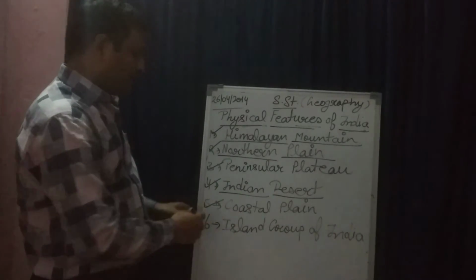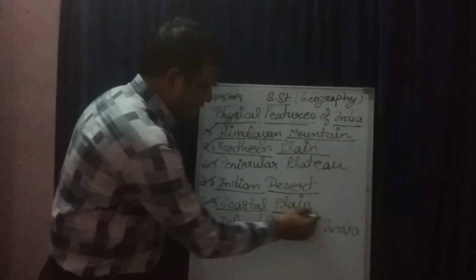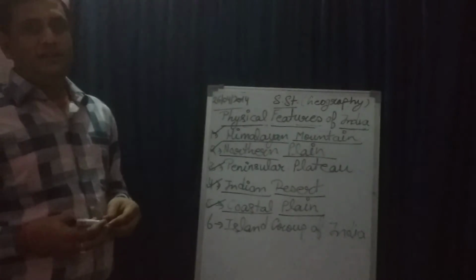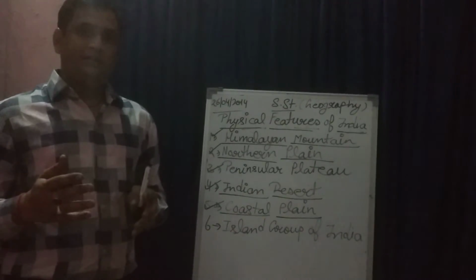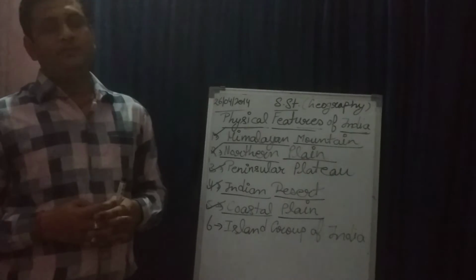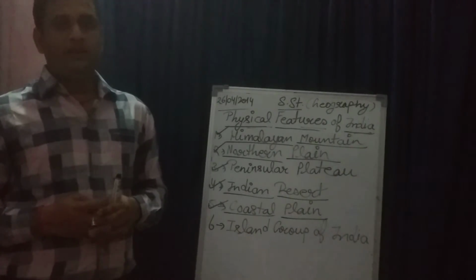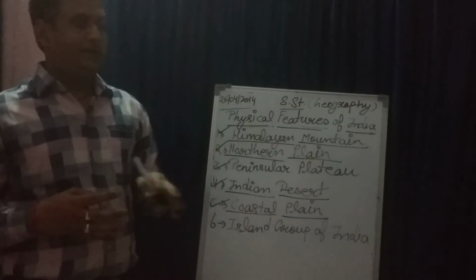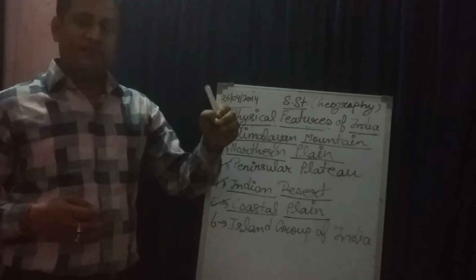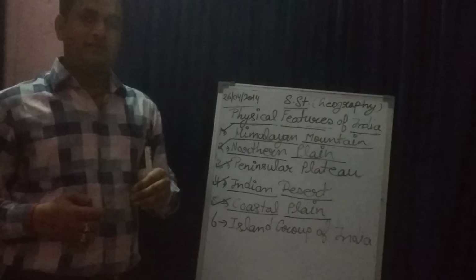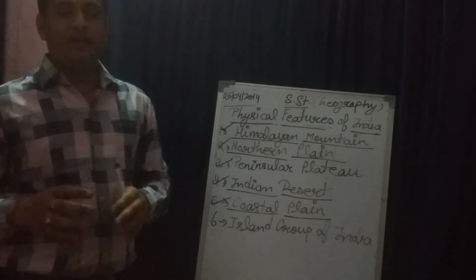Besides that, there is the coastal plain. You all know that India is a peninsula. Peninsula means on 3 sides we have water, sea or ocean, and on one side we have land, that is the north direction. In the direction of east, west and south we have sea.